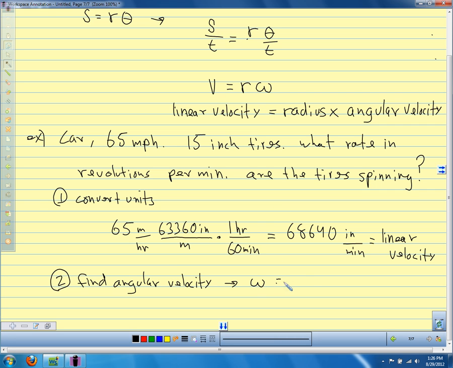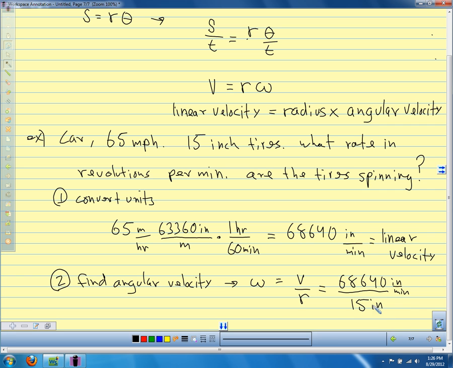So omega equals v over r. We just found our linear velocity, 68640 inches per minute, divided by our radius, which is 15 inches.